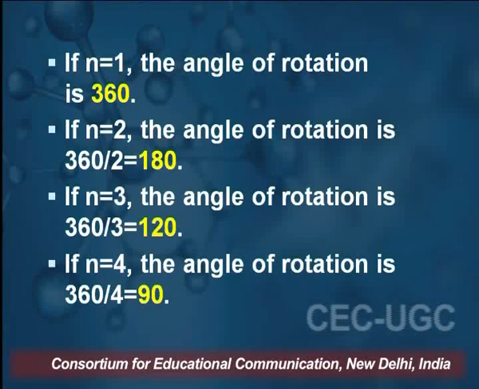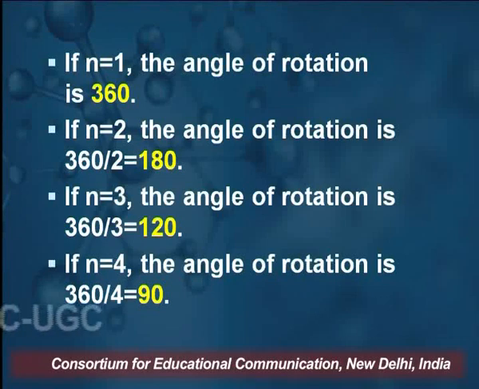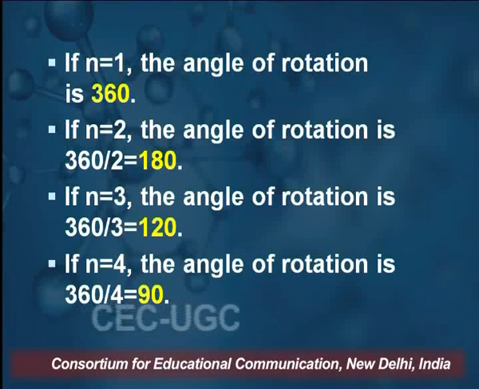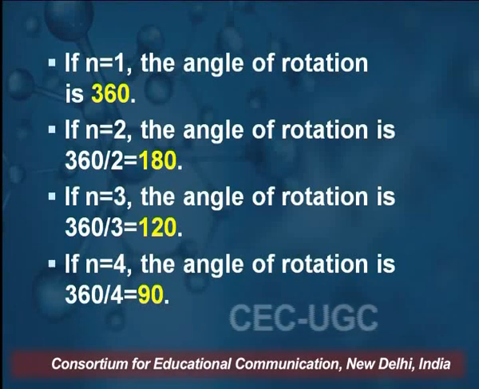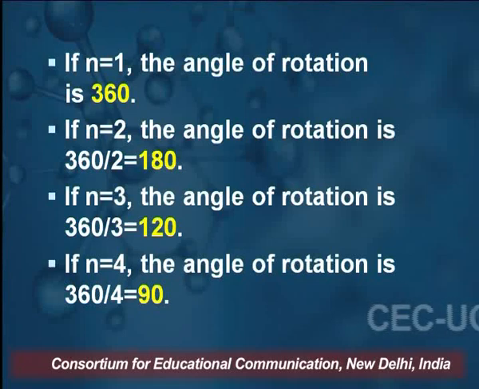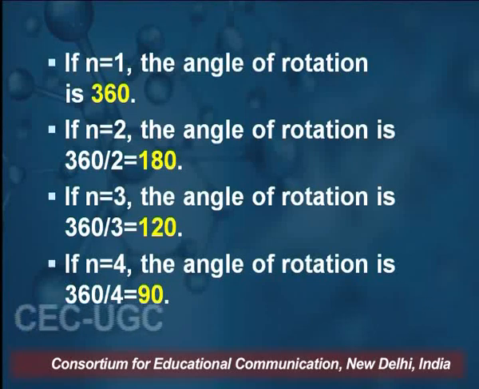If n is equal to 3, the angle of rotation is 360 by n, where n is the order of rotation, and if n is equal to 4, the angle of rotation will be 360 by 4. Now what do we mean by this?